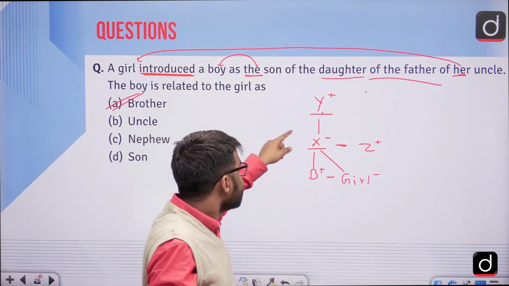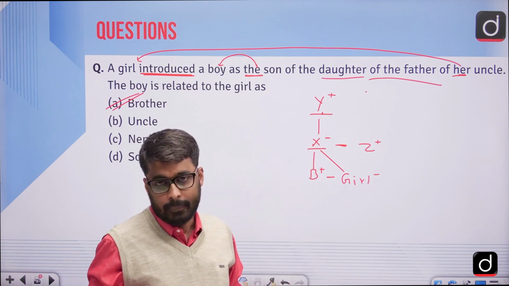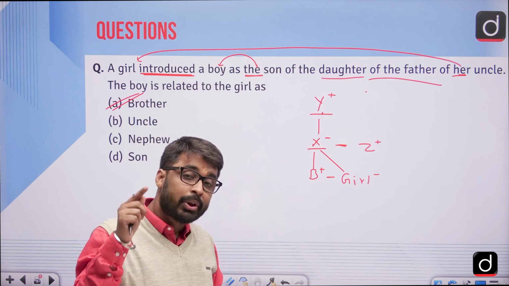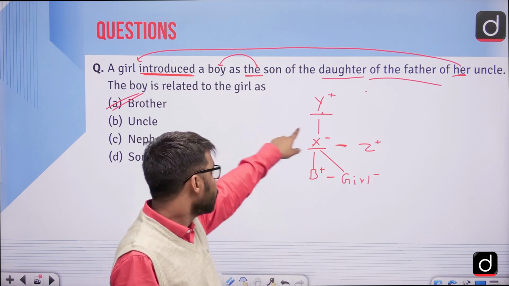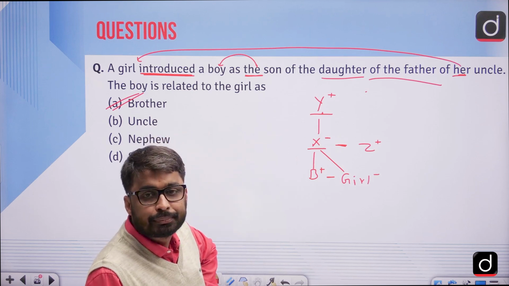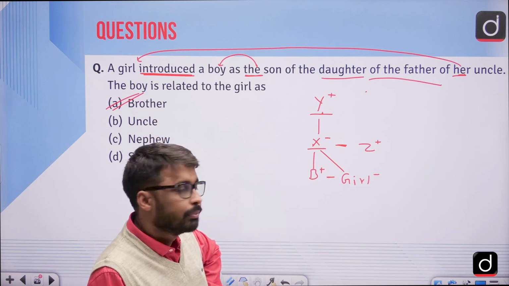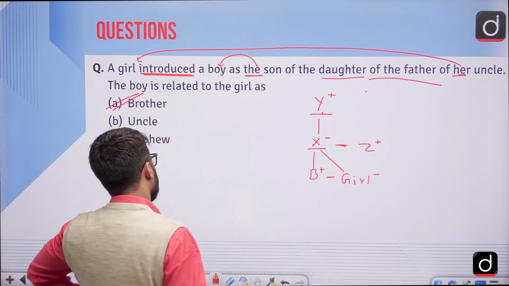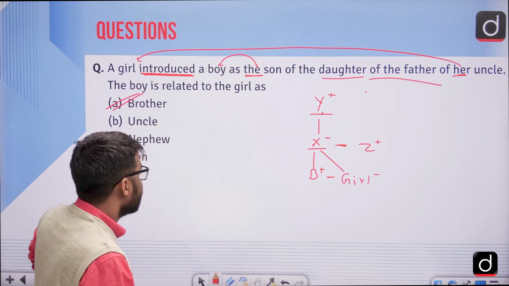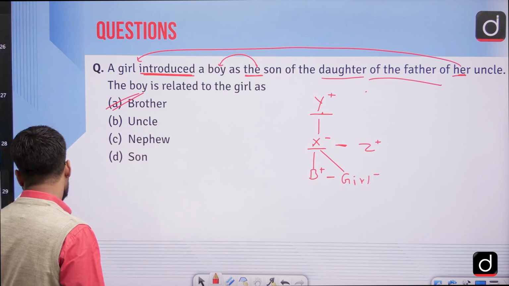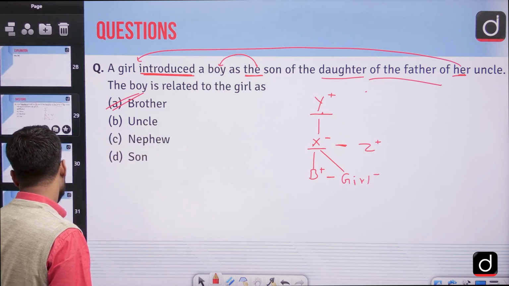Grandfather should be 2 generations above the girl, so the girl should be 2 generations below Y. Correct? That is why I have drawn the girl over here. So now as you can see, the girl and boy share the same parent, so this boy is going to be brother of this girl.